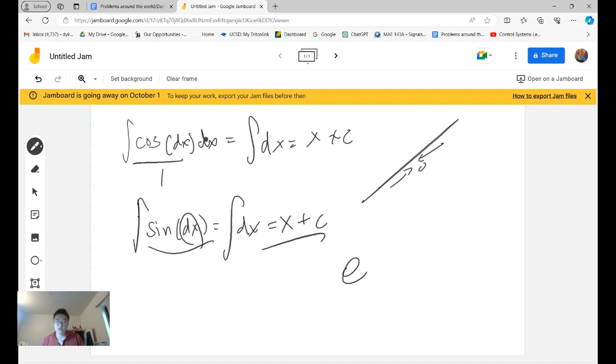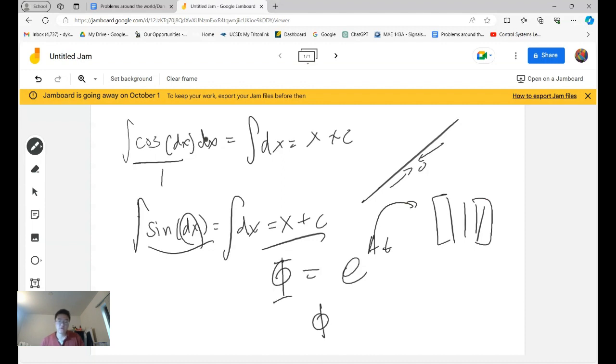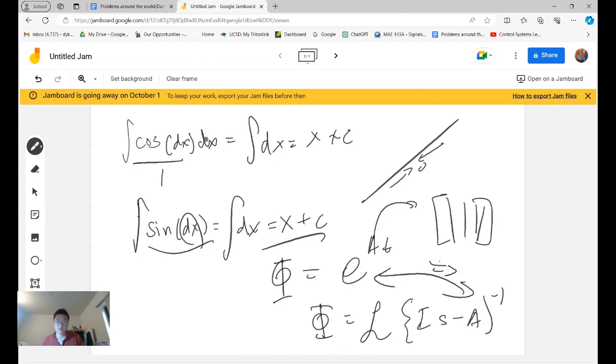There's other weird operators where you do AT, and this A is a matrix like this with eigenvalues that we learned. This is actually equal to theta, the operator, which is equal to the inverse is minus A, -1. These are actually equal to each other in equivalent, if I remember correctly.